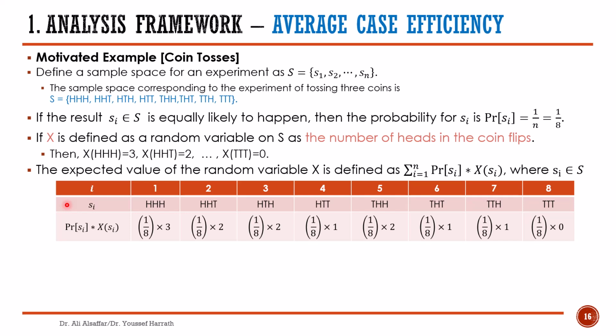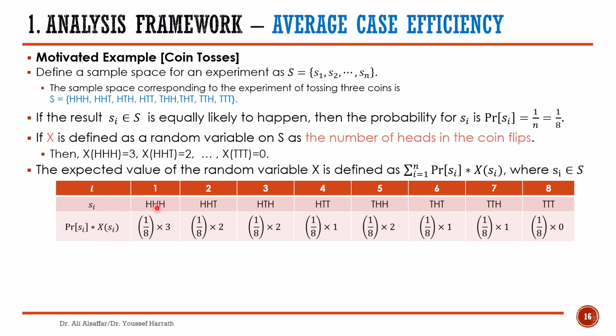We can summarize the probability and the value of the random variable X for each element of the sample space by the following table. The first row represents the outcome Si, and we have 8 outcomes. And the second row represents the product of the probability and the value of the random variable X of the outcome Si.